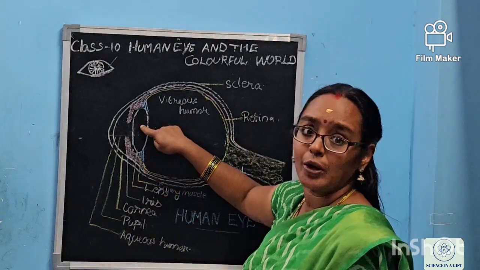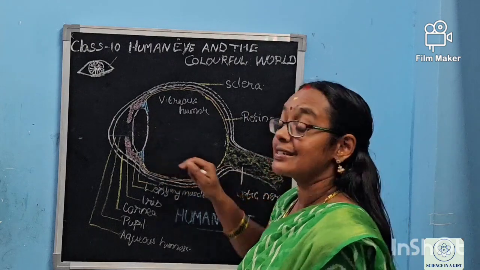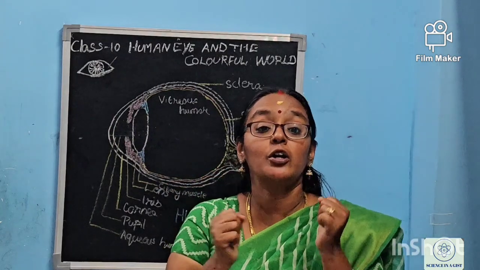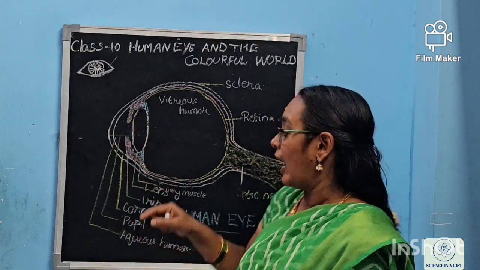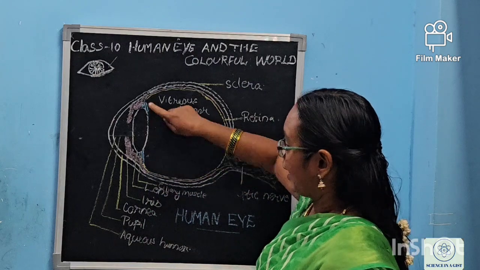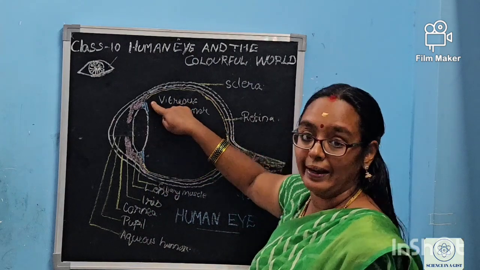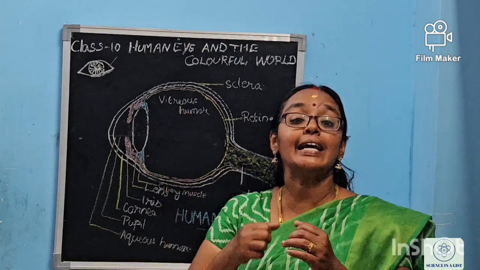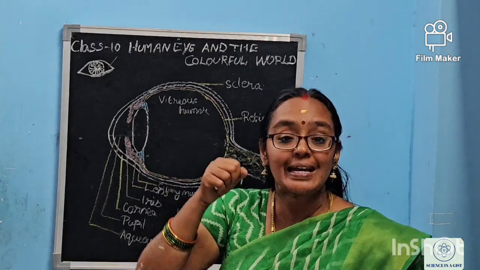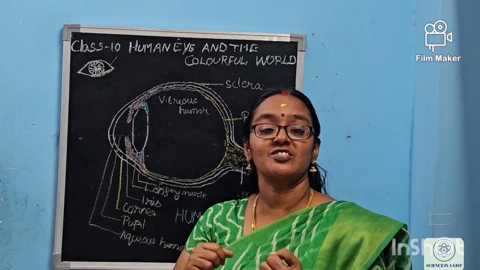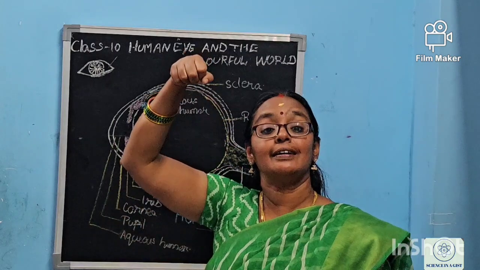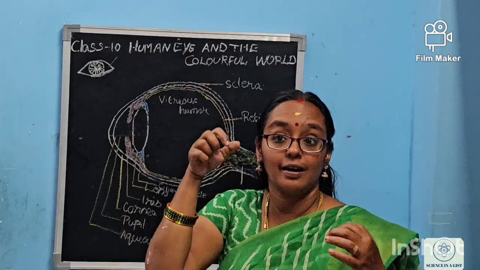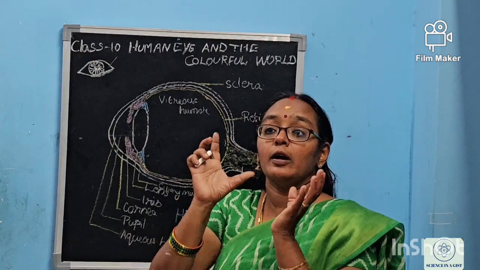Okay? I told you about this crystalline lens, right? This crystalline lens is also controlled by something. It is the ciliary muscles. I have drawn them in blue color. Ciliary muscles make the crystalline lens contract, relax, become more lengthy, or more thickened and bulky.